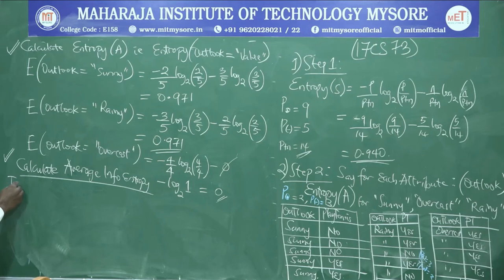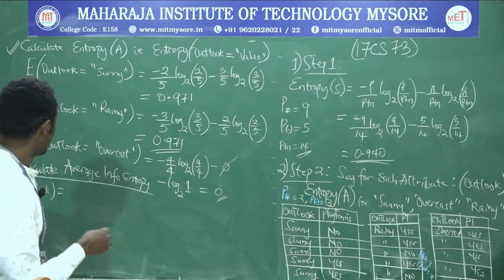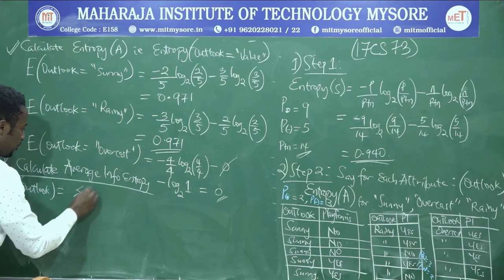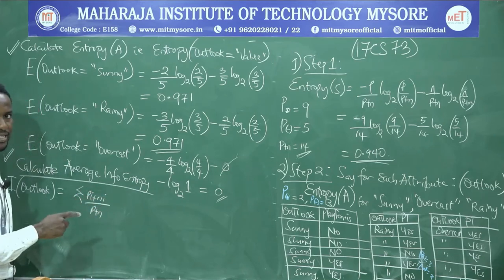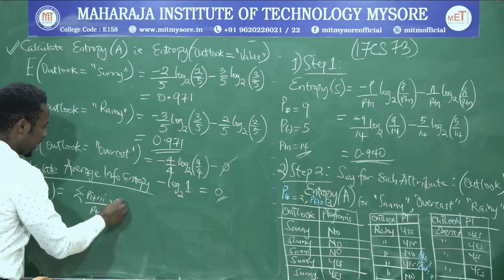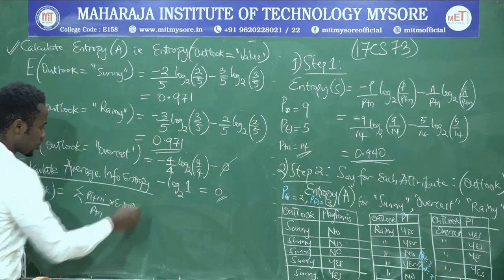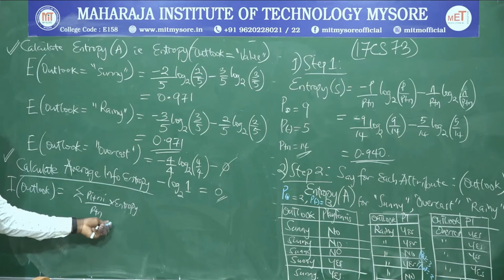So I of outlook equals summation of Pi plus Ni upon P plus N, into the entropy. Do you remember this? This we have to expand now.